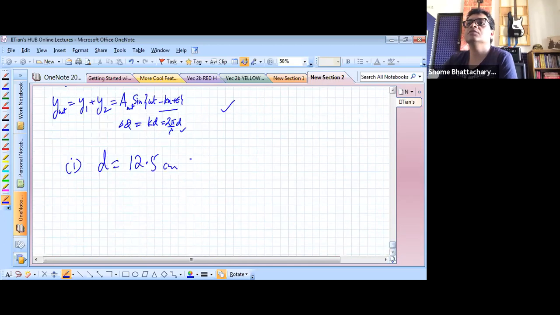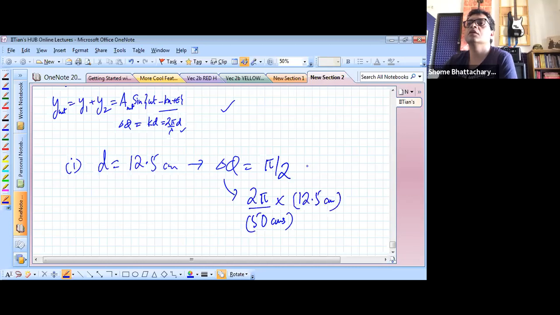So when this is the case, my phase difference delta phi is becoming pi by 2. Now 2 pi by lambda, where lambda is 50 centimeters or 0.5 meters, into d, which is 12.5 centimeters. So now your net amplitude will become root 2 A, because your phasor diagram is looking like this.